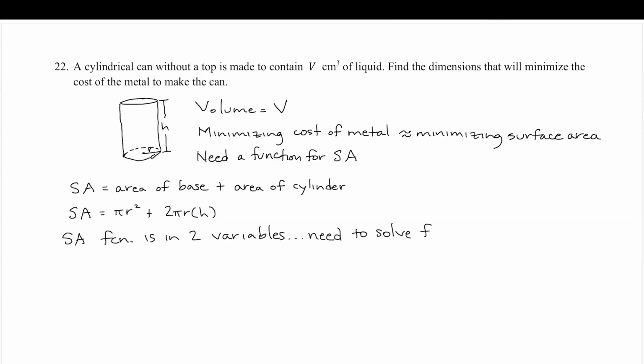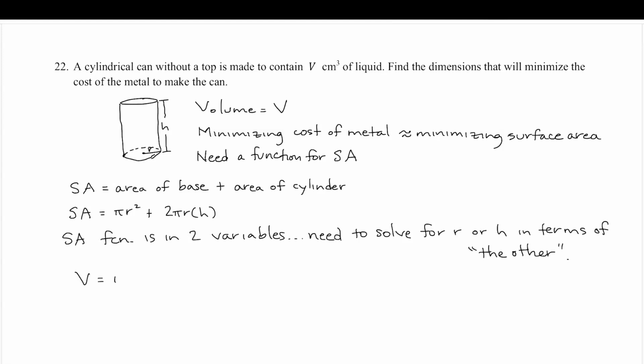I need to solve for either r or h in terms of the other variable. So in other words, I can solve for r in terms of h, or I can solve for h in terms of r.